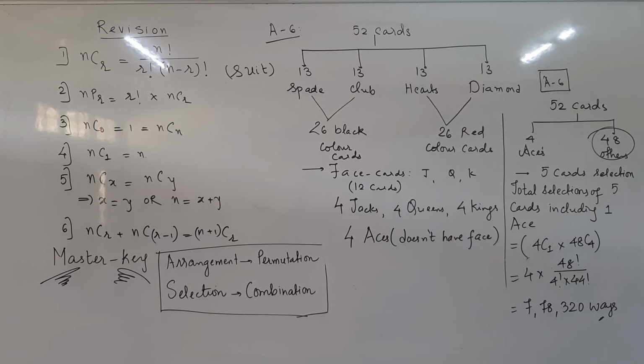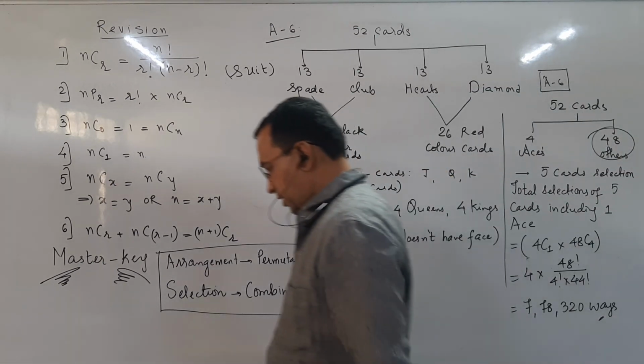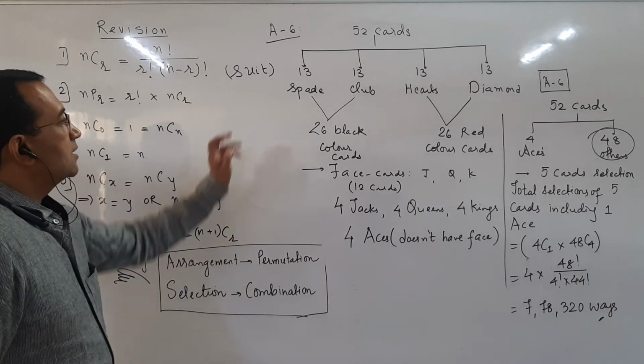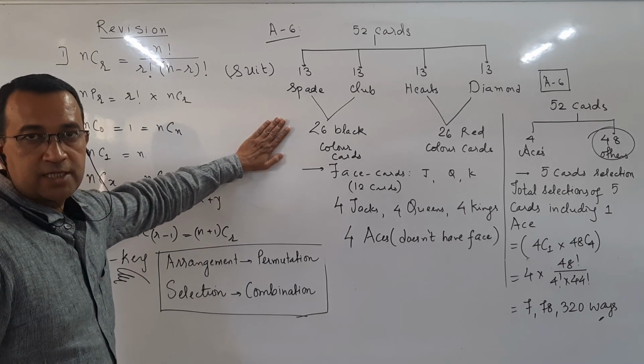So students, playing cards are a very important aspect of permutation and combination. Do not play cards at home. Mind, as sir has told. Please students, do not play cards at home. But this was required for our studies.